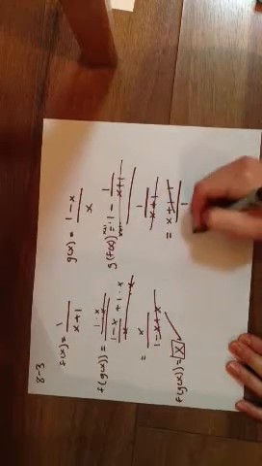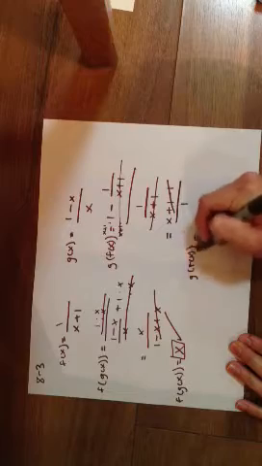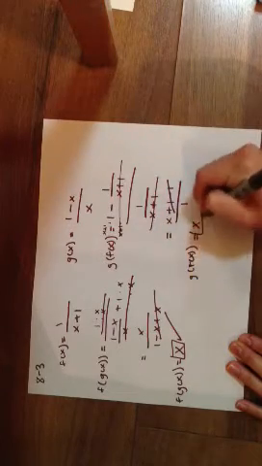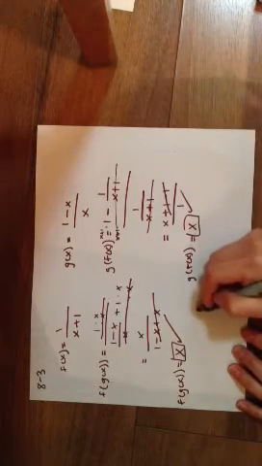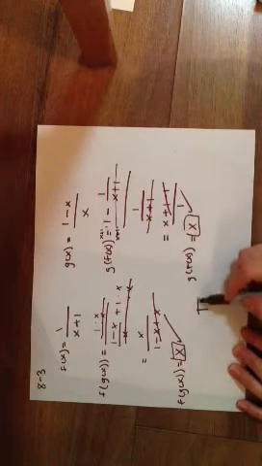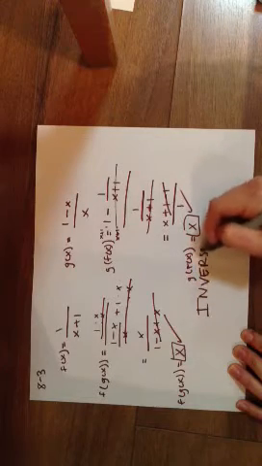These cancel, and we are left with g of f of x equals x. So since these two equal x, we know that these functions are definitely inverses.